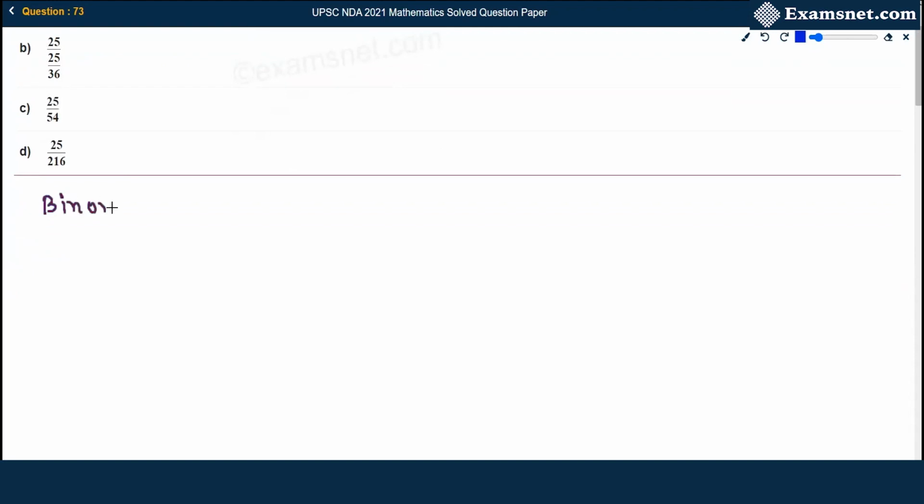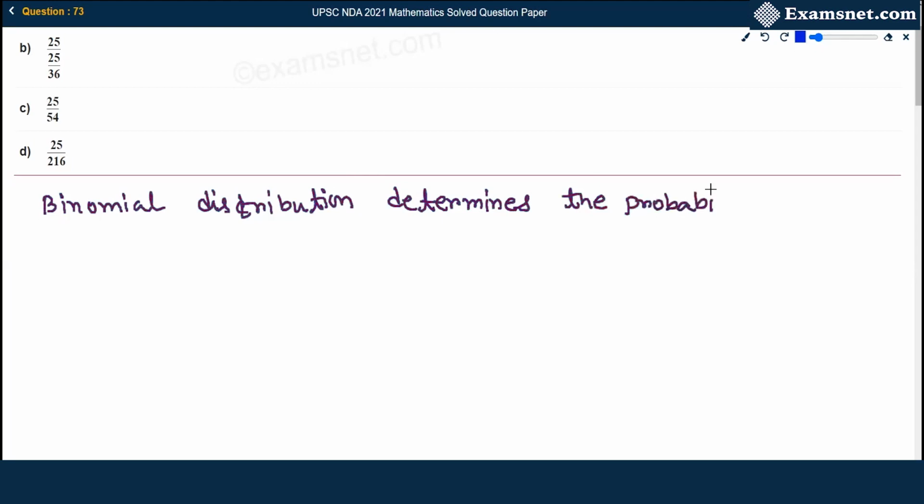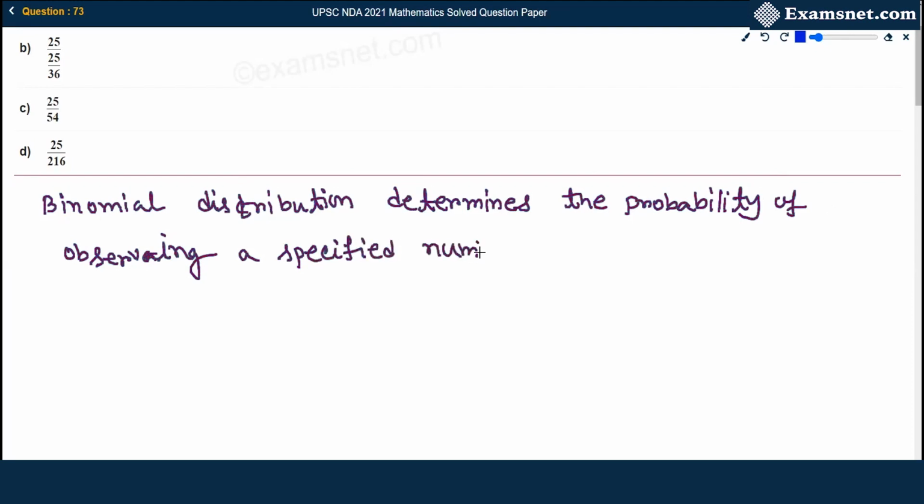Binomial distribution determines the probability of observing a specified number of successful outcomes in a specified number of trials.